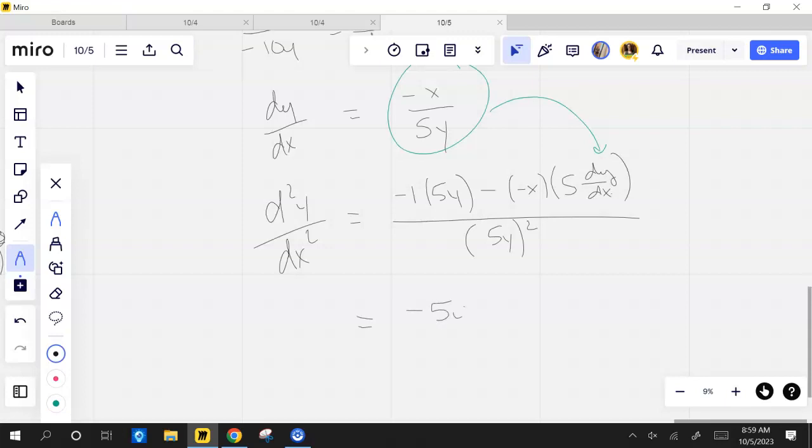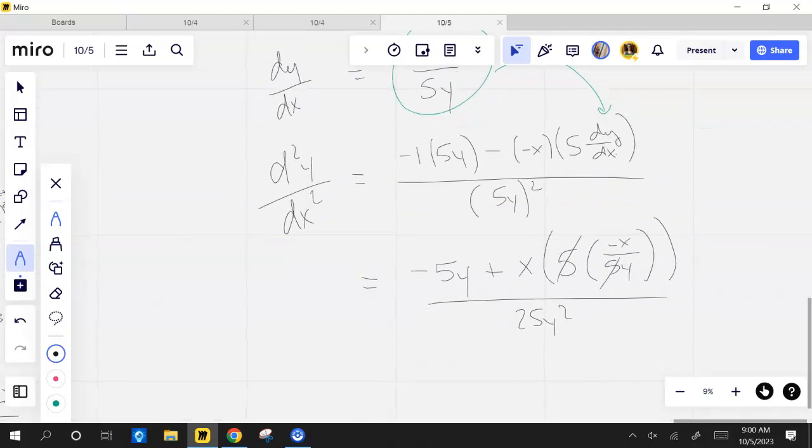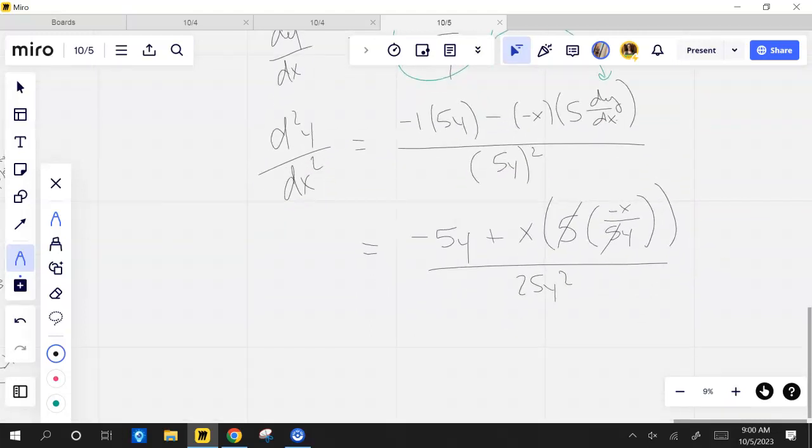I'm going to change this to plus x. This one's nice because stuff starts happening here.